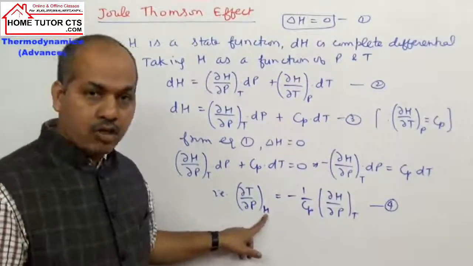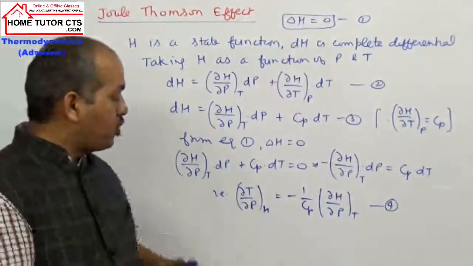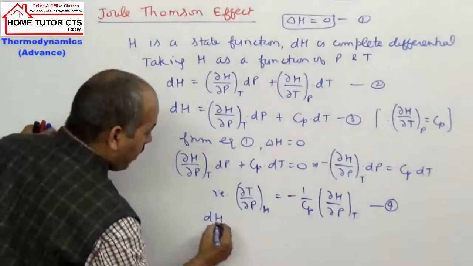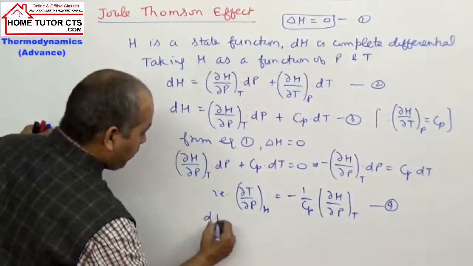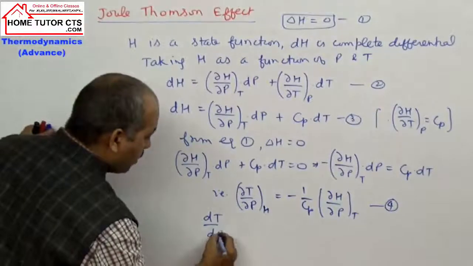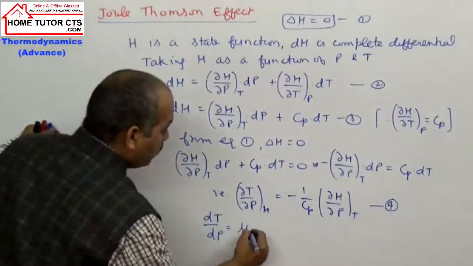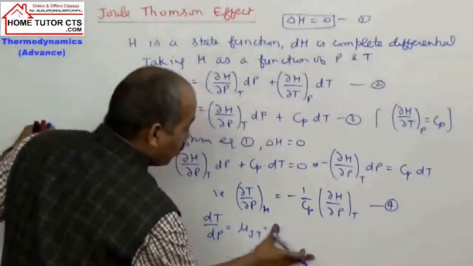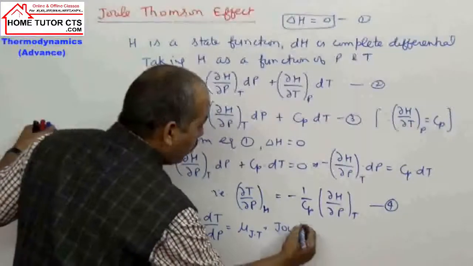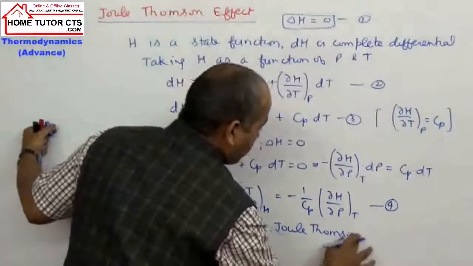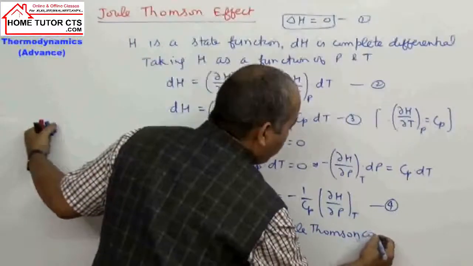Here enthalpy is constant, so this term I can write as dT by dP. This term is called mu JT, the Joule-Thomson coefficient.